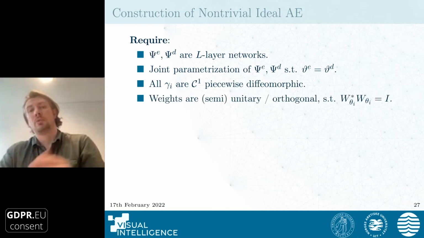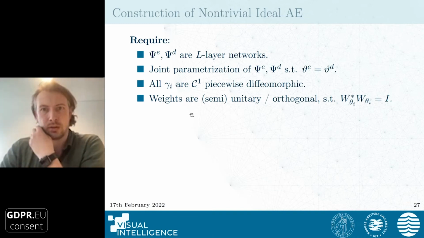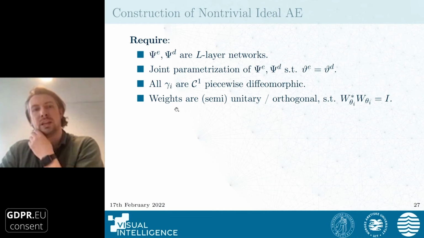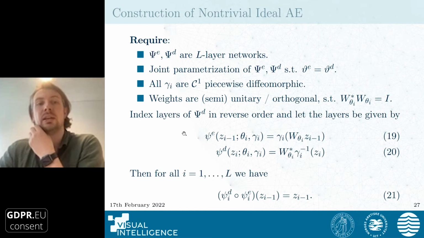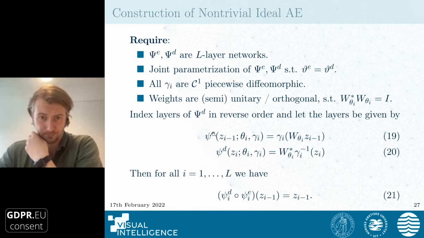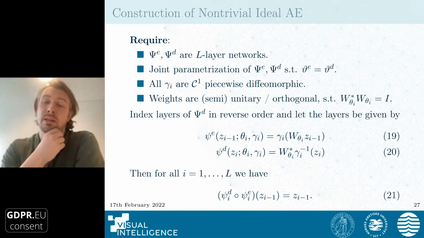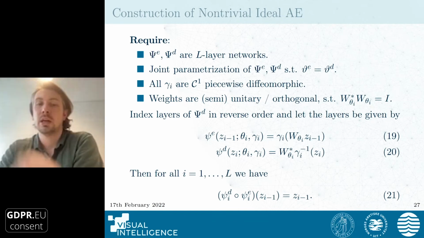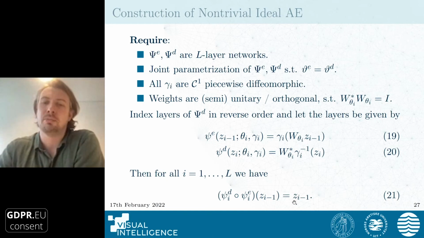And well, this is not a requirement, but the way that we constructed our non-trivial ideal autoencoder is to simply say that the weights are orthogonal. If we then index the layers in reverse order and let each layer be given by these two terms here, then each layer will basically unroll the inputs of the previous layer. So we can perfectly reconstruct our inputs.